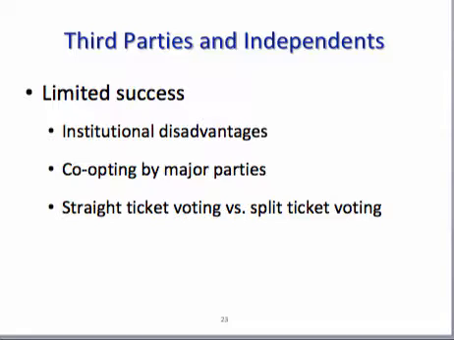It stands opposed to what the other system would be called, a proportional system of representation. But we have a system where, because of this, third parties and independents have very limited ability to have any influence at all.